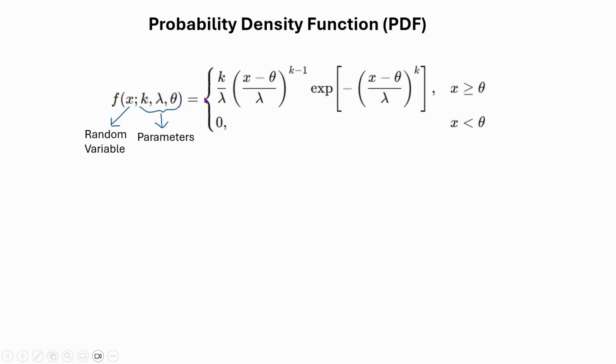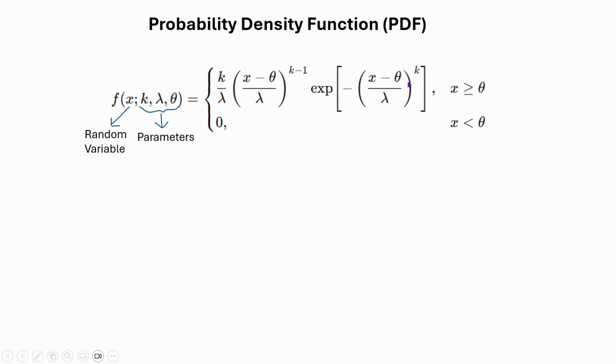But in this slide and right now, just remember that your x, your random variable, has to be greater than or equal to theta, which is this one. If x is less than theta, then the value of this function, the density of this function will be 0.